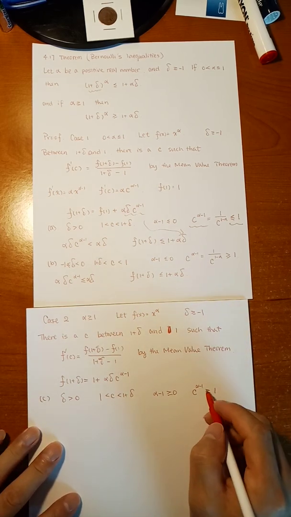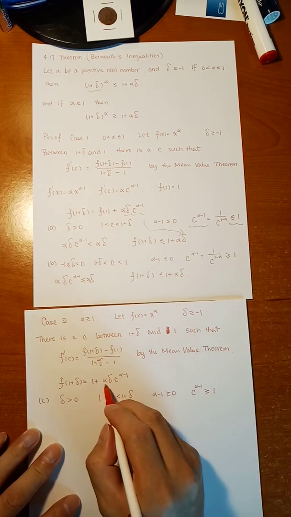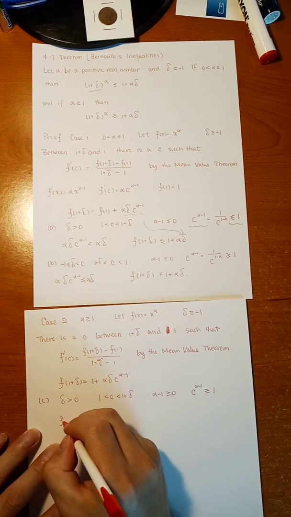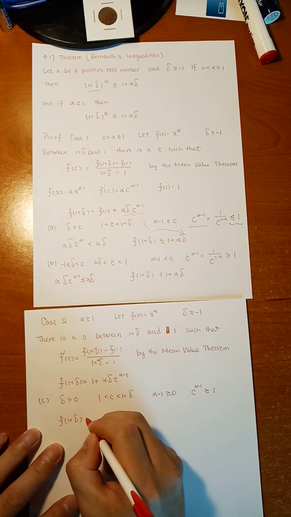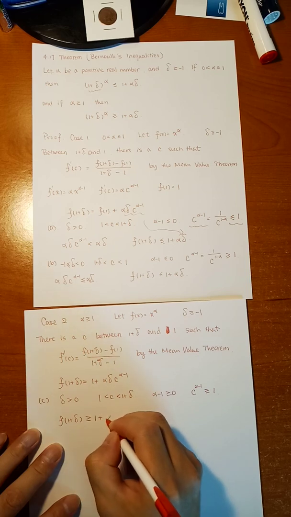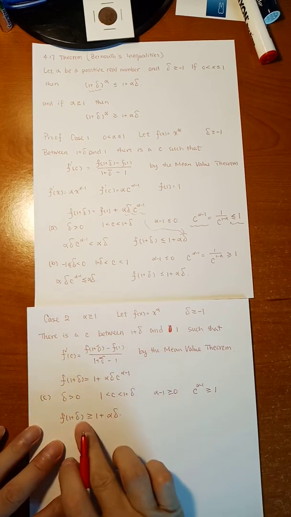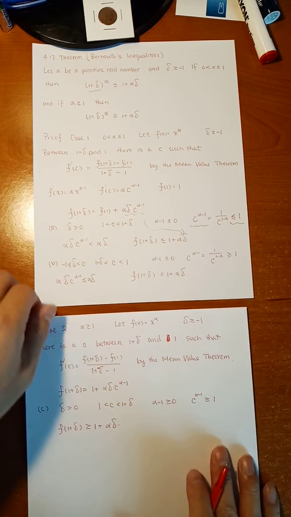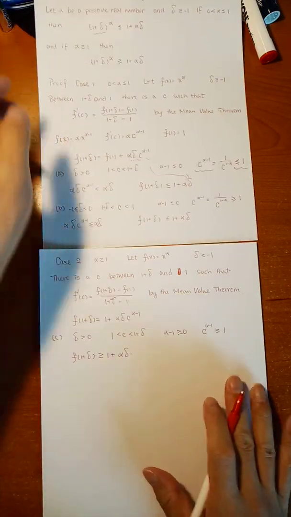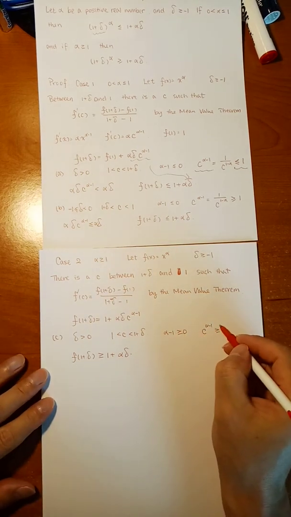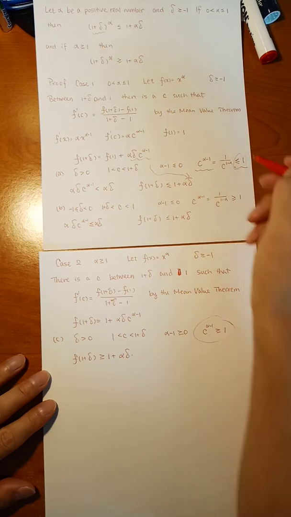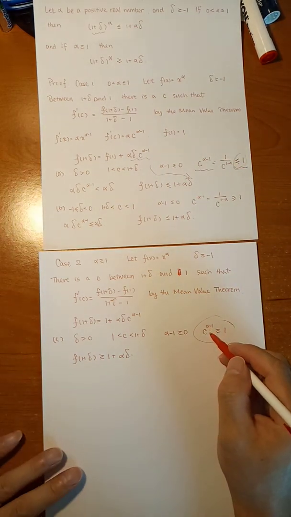You multiply this inequality by alpha times delta. Alpha positive, delta positive, so f of 1 plus delta is greater than or equal to 1 plus alpha delta. See, here we change the inequality from less than or equal to greater than or equal to, because alpha is bigger.